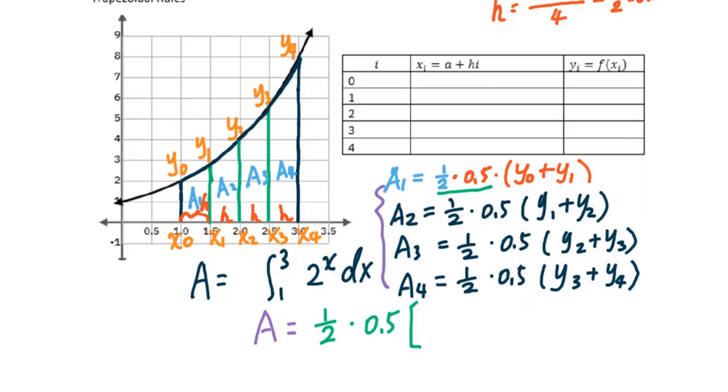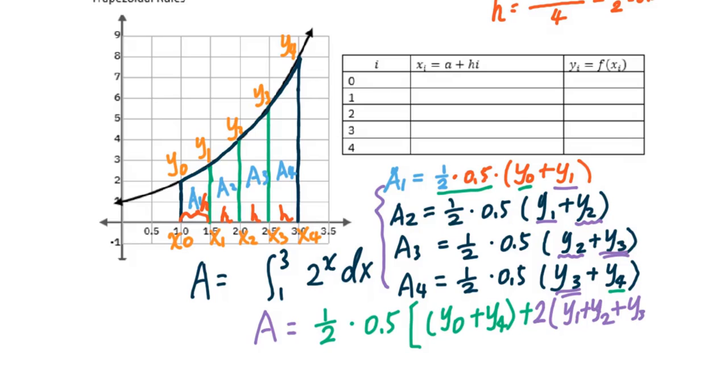Then you will check Y0 and Y4 only once, so we add Y0 plus Y4 plus. You have 2 Y1, 2 Y2, 2 Y3. So we add 2 times (Y1 plus Y2 plus Y3).